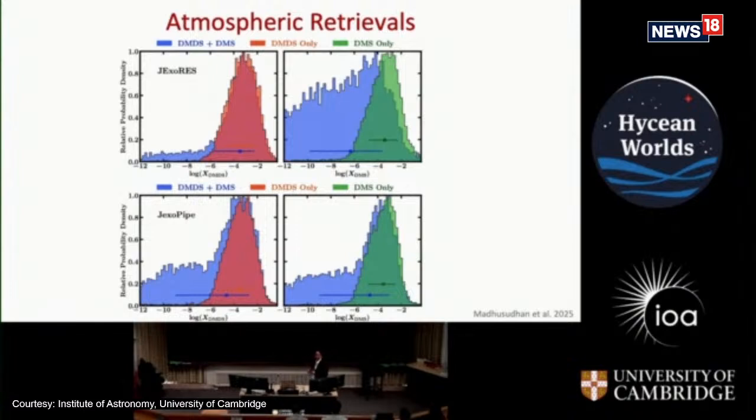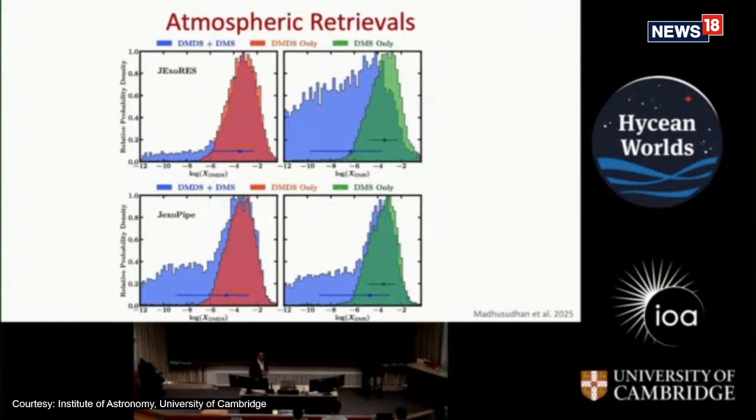But if you calculate the detection significance, those of you who do Bayesian analysis know, in other words, you remove both those molecules from the model and calculate what the evidence is, and then you compare that. You do Bayesian model comparisons, evidence comparisons, basically, with and without those 2 molecules. And what we find is that your detection significance for DMS plus DMDS in this canonical model is about 3 sigma.